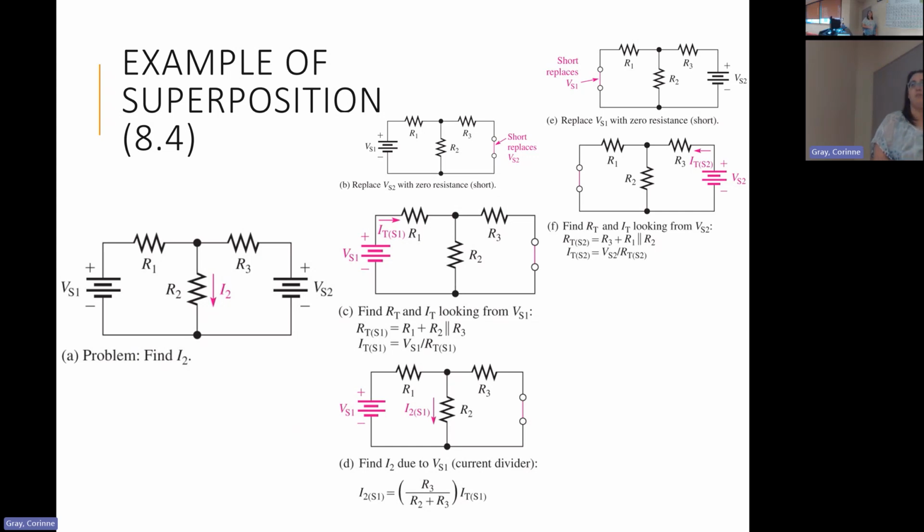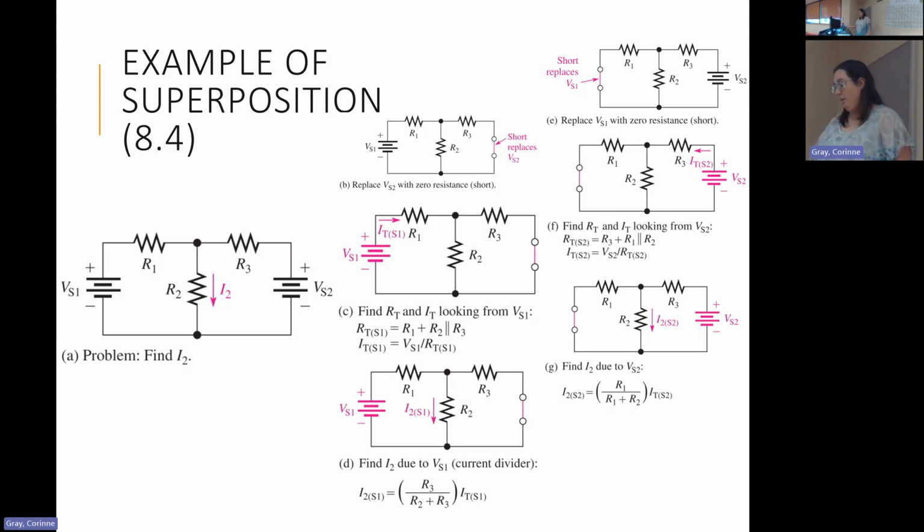Go through, find the total resistance. That'll have me find the total current. I can then find the current that is flowing through R2 here from the right battery. So in this case, we would be done looking at the different sources.